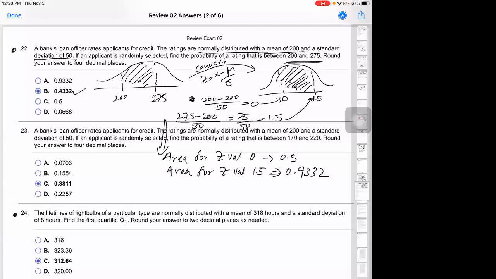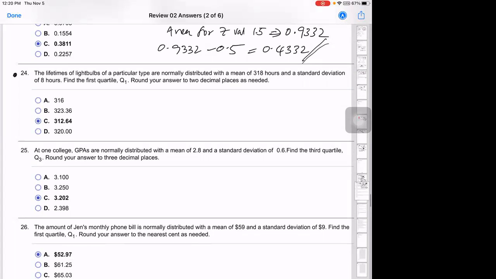So you can find the answer by taking the difference: 0.9332 minus 0.5 is 0.4332. Clear? So question number 23 is the same as 22.